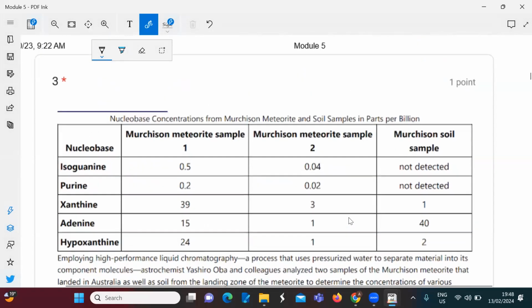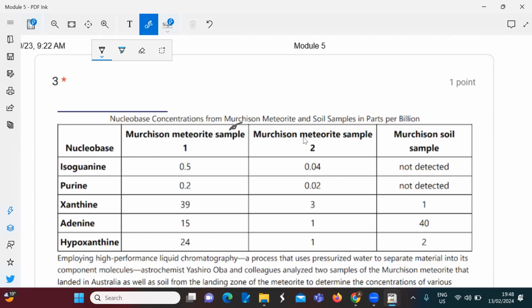the differences. The first thing we need to do while dealing with data-driven questions or quantitative evidence questions is to read the heading of the table. Yes, the units. Here that's concentrations from meteorite and soil samples.